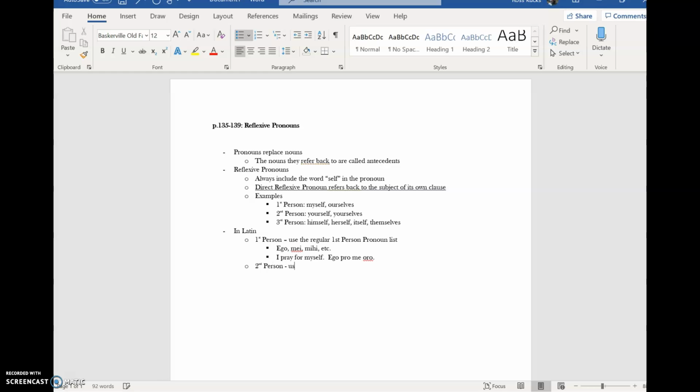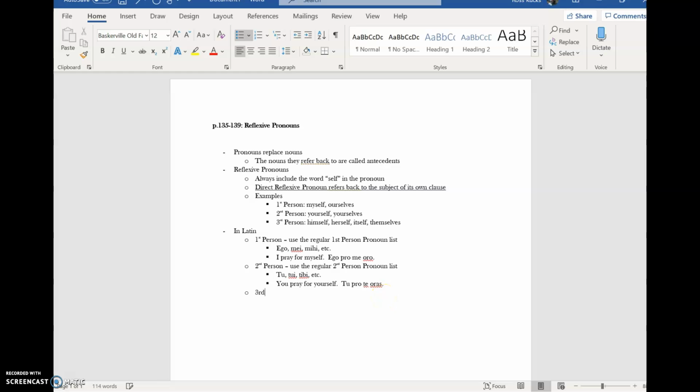Second person pronouns also use the regular second person pronoun list. So we're talking about tu, tui, tibi, te, te, vos, vestri, vestrum, vobis, vos, vobis. So for example, if we wanted to say you pray for yourself, we would translate that tu pro te oras. So we would use that normal tu, tui, tibi, te, te here, and that would be yourself.